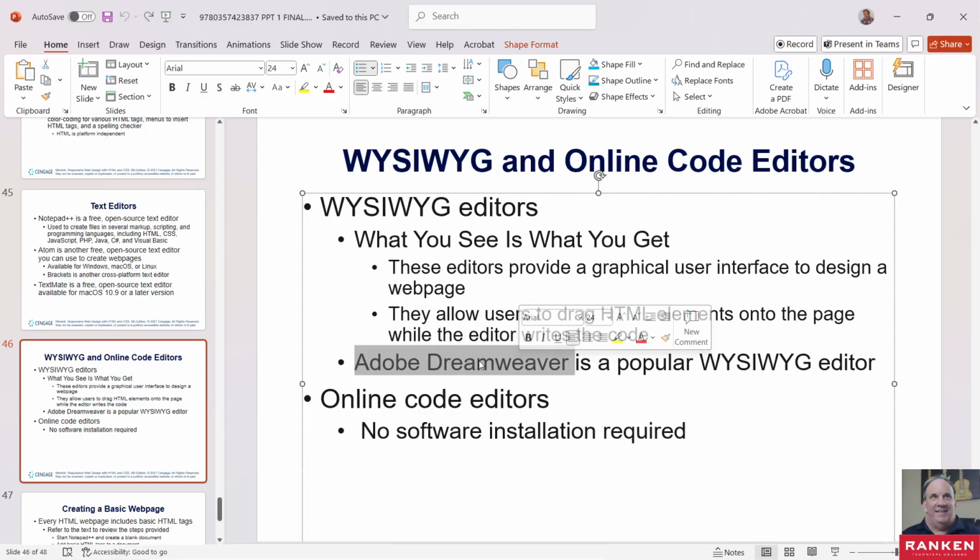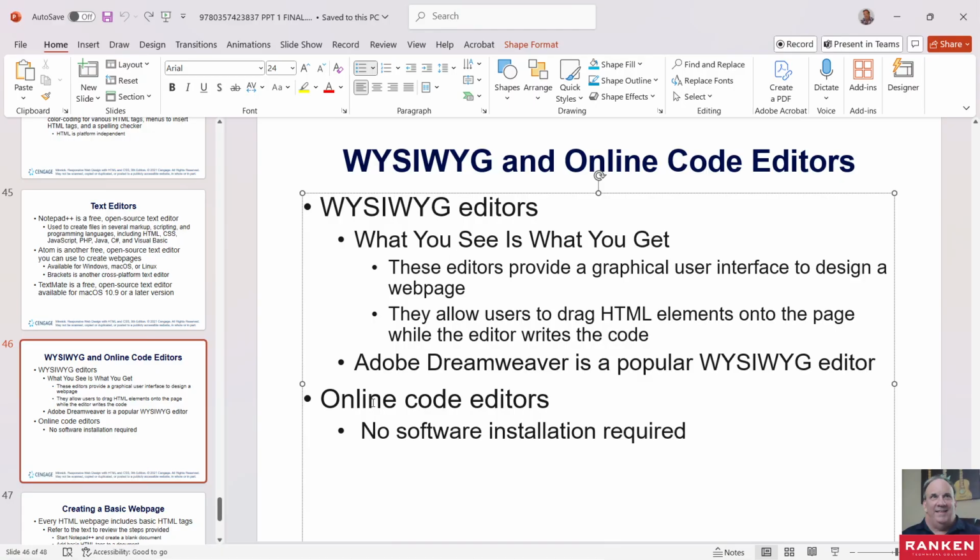Obviously, knowing about coding helps, especially because sometimes you want to do some things that don't quite work out by dragging them around. But it's made so you don't really have to be an expert in HTML and the different technologies. You just grab and move things around, okay? And those are called WYSIWYG editors, okay? So you basically drag things around on the page.